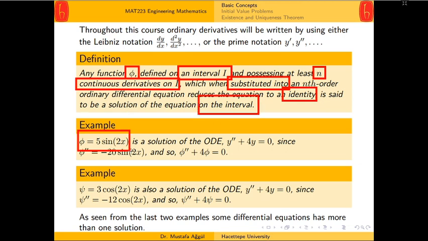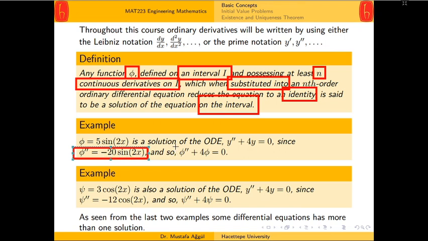Okay, an example: this phi is equal to 5 sine of 2x is a solution of the ODE given by this expression. And this is true because if we take the second derivative of this solution candidate, we will see the second derivative is negative 20 sine 2x.